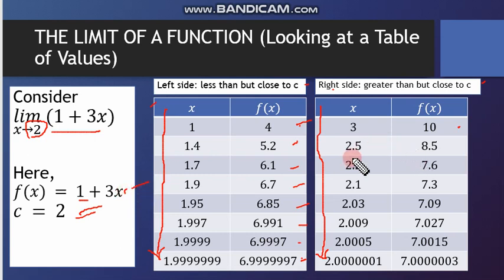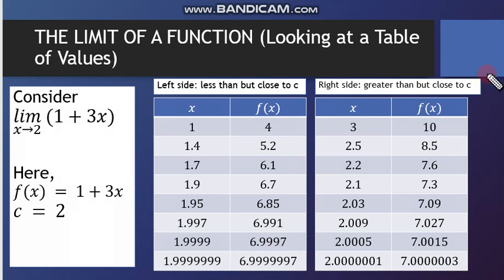So 1 plus 3 times 3 is equal to 10. 1 plus 3 times 2.5, that's 8.5, and the same process goes on until the last value. 1 plus 3 times 2.0000001 is equal to 7.0000003.